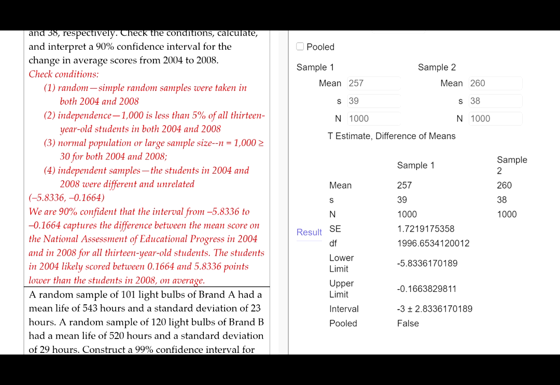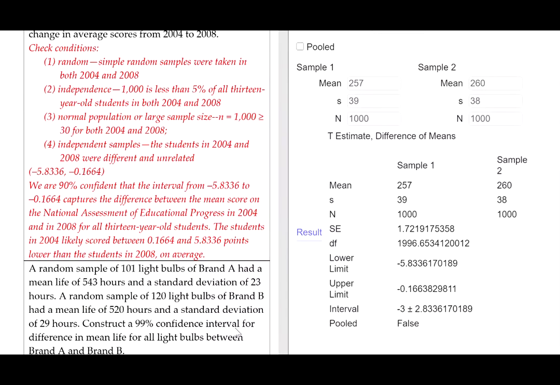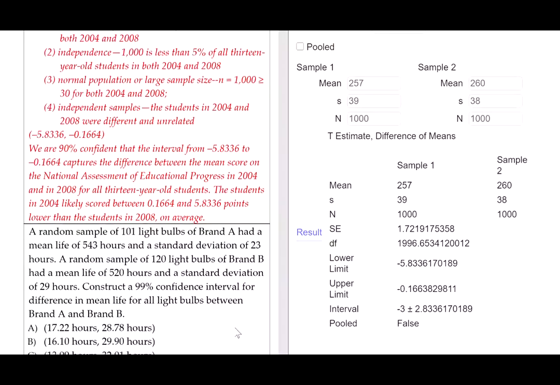The students in 2004 likely scored between 0.1664 and 5.8336 points lower than the students in 2008 on average. Since our confidence interval contained negative values, we can say that the likely values for the 2004 minus the 2008 means is negative, meaning that 2004 was lower than 2008.